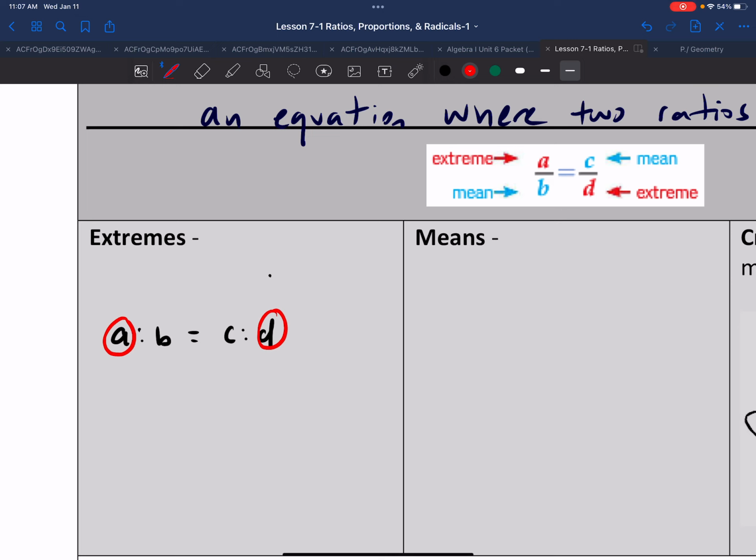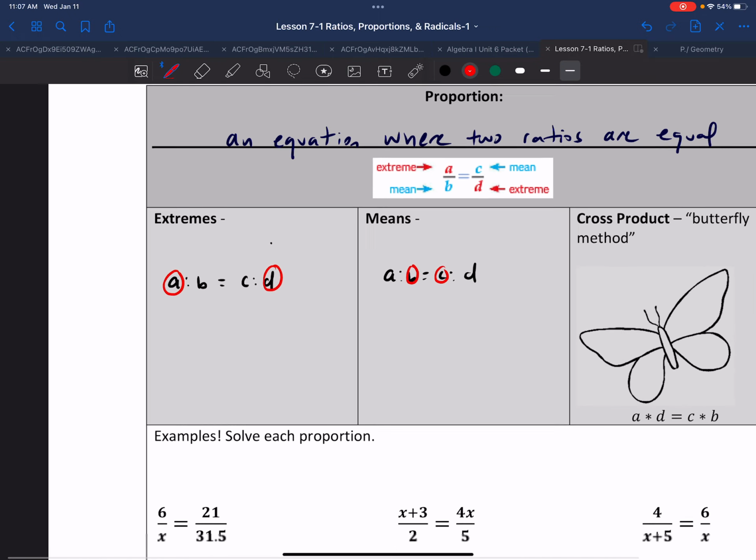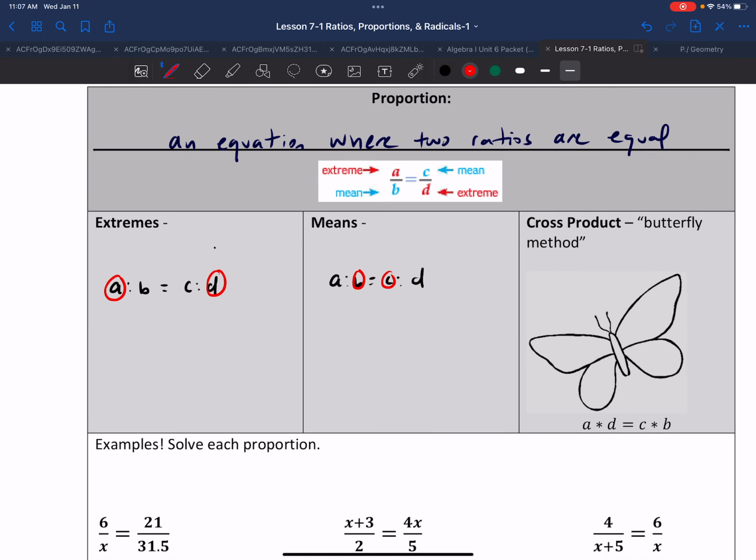And over here, the means are B and C. Again, you don't really need to know the words extremes and means. You already know how to do it, which is totally fine.